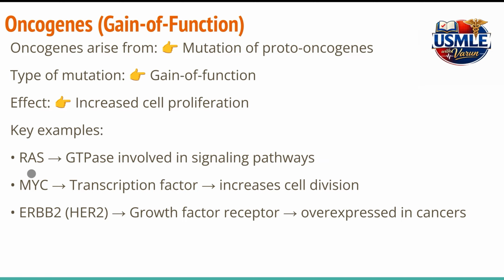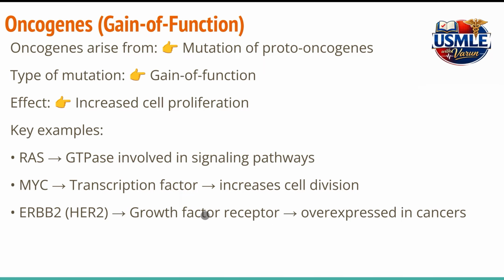When this RAS is continuously activated, it keeps sending growth signals through the GTPase. Whereas MYC is a transcription factor; it increases the production of proteins that are required for cell division. HER2 is a receptor on the cell surface. When these are overexpressed, it continuously stimulates cell growth.